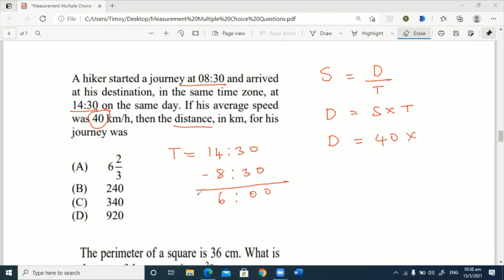So the time is equal to 6 hours, right? It's just a matter of now replacing t in the formula with 6 hours. So the distance is going to equal 6 times 40, which is 240 kilometers. Right? So our answer for this problem would be B.